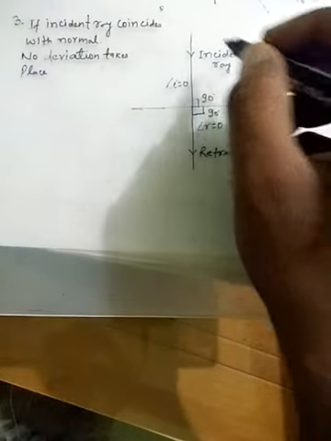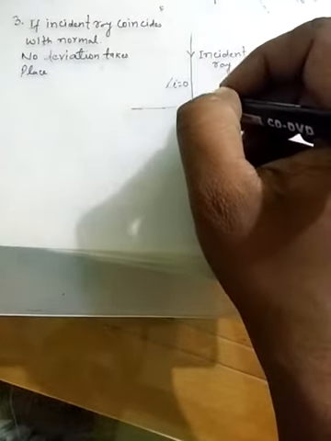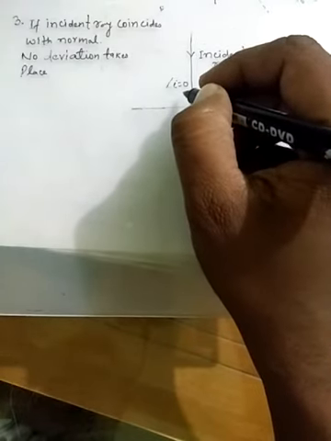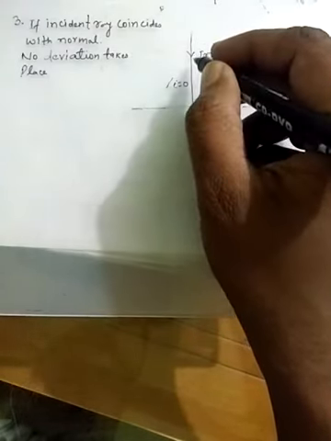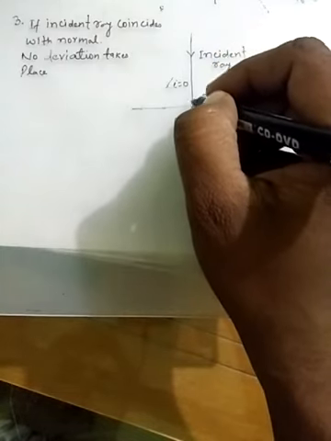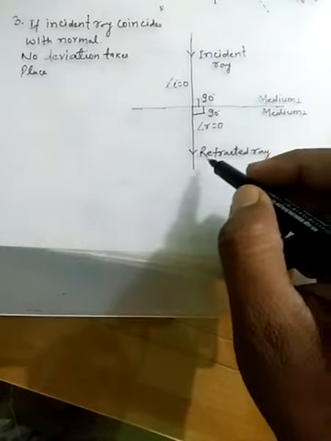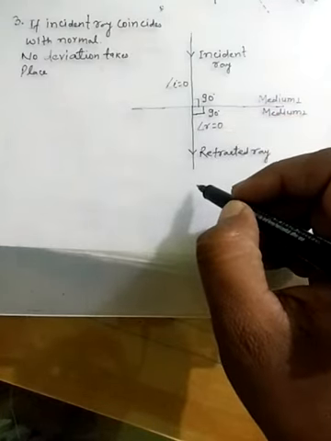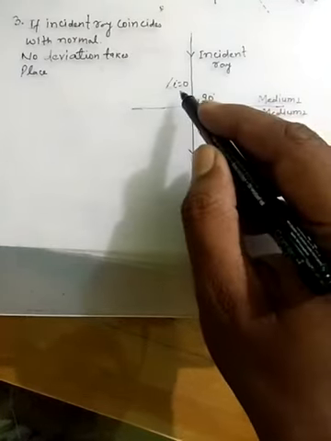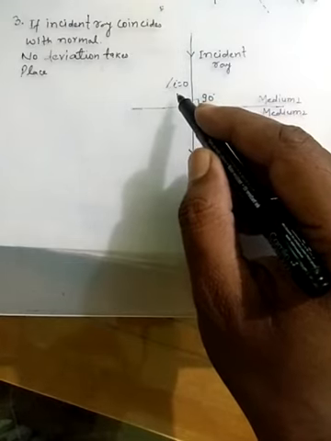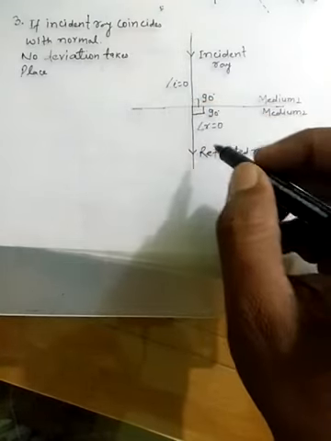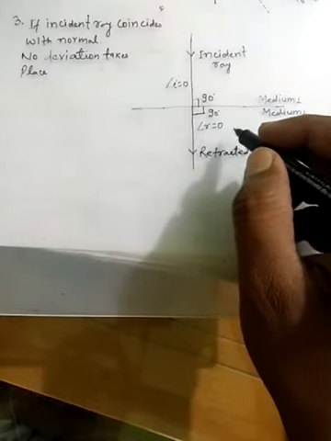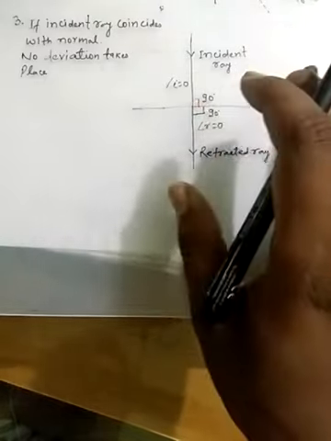The incident ray passes along the normal, that is, the incidence angle is 0, and here we can see that there is no deviation in the path of the light. If the incident angle I is equal to 0, then the refracted angle is also equal to 0. There is no deviation.